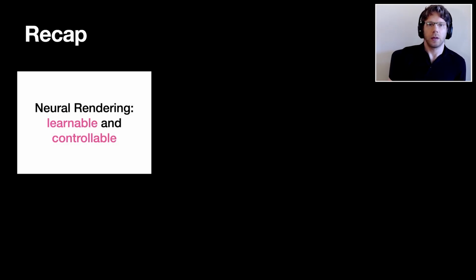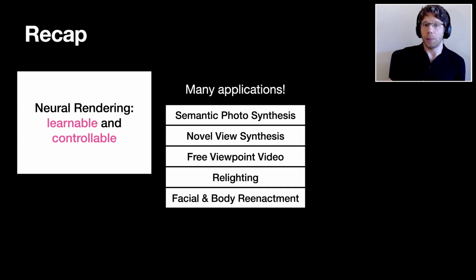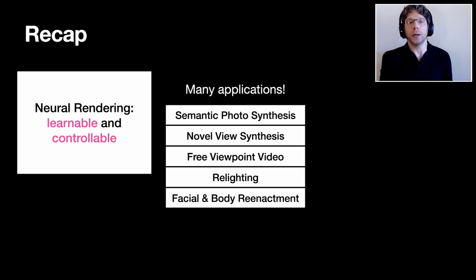Okay, let's do a short recap of what you've heard today. We talked about the definition of neural rendering and the importance of controllability in that definition. We saw representative applications from 5 different categories: semantic photosynthesis, novel view synthesis, free viewpoint video, relighting, and facial and body reenactment.